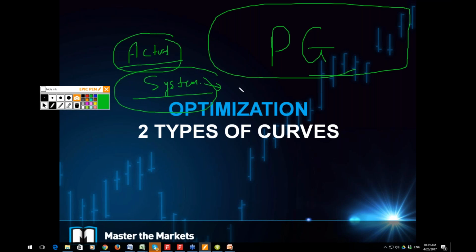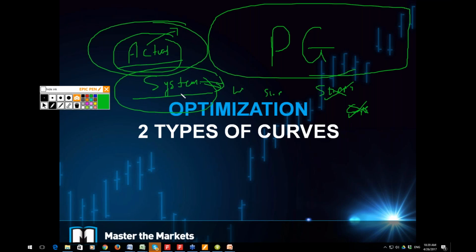Yes, of course you can, because sometimes you get wrong fills, you get slippage. So if you're using an automated system, then that will become your actual curve, and the system curve is what it should have been without slippages. Sometimes you get electrical failure or computer failure, the computer shuts down.